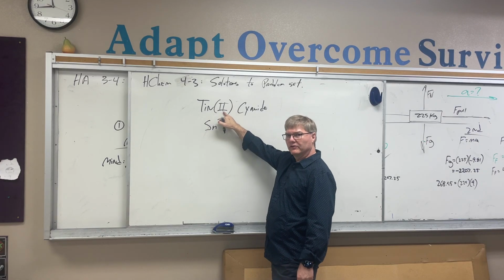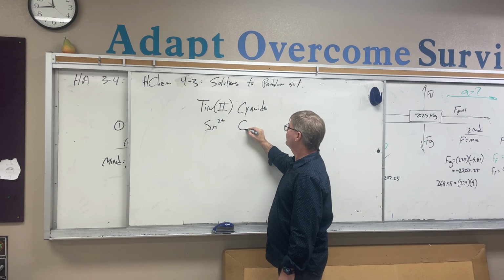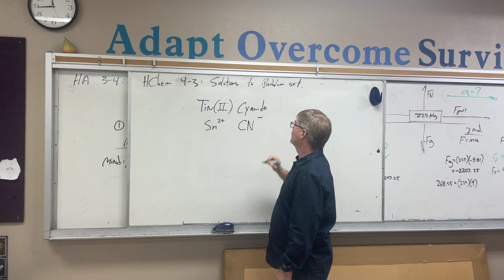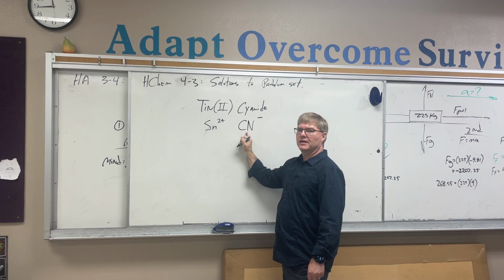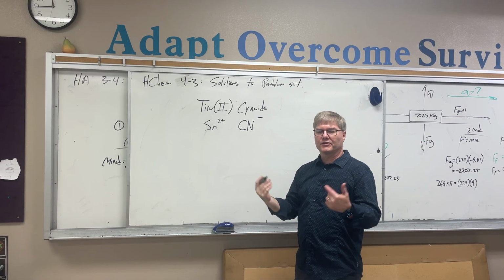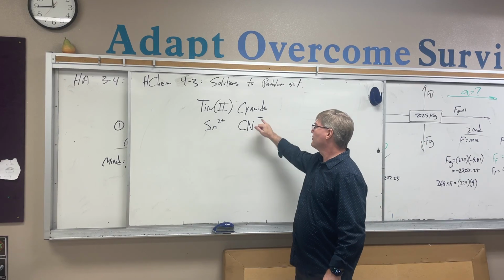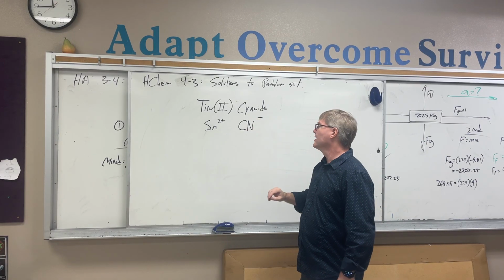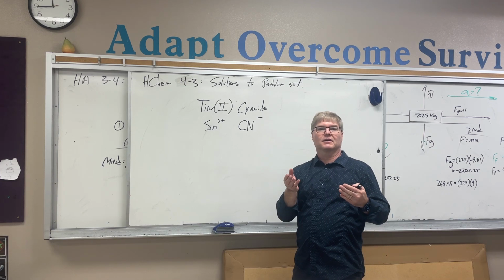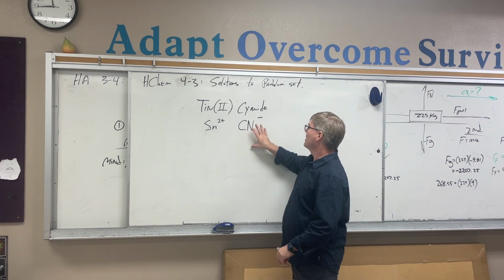That's what the 2 means, the 2+ version. Cyanide. Cyanide is carbon and nitrogen, 1 negative. So this is a polyatomic ion. If you take a carbon, stick it with a nitrogen, they will bond covalently and have enough electrons left over to have a net negative charge, and it will therefore behave like an ion and go through ionic bonding. And so, I've got my ions.